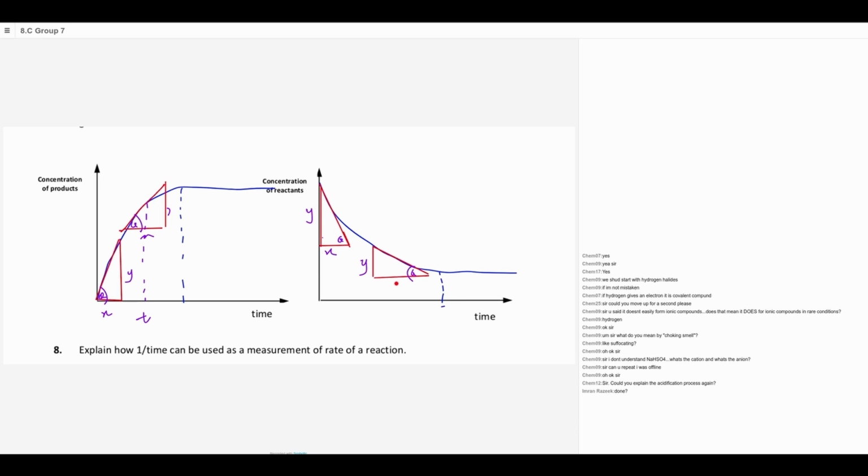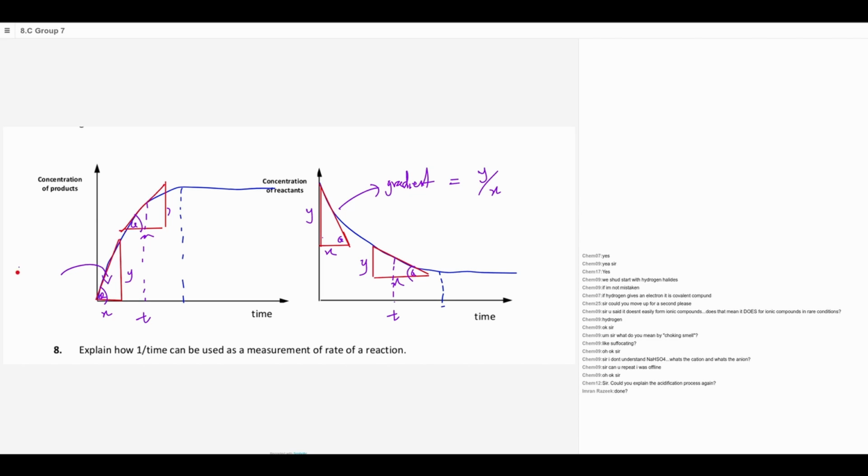That will give you the gradient. Gradient is tan theta, which is y over x, and this is the rate at time t. So this is the initial rate and the rate at time t, right? So a horizontal graph means the reaction has come to an end.